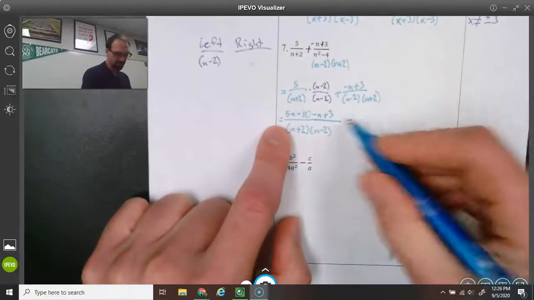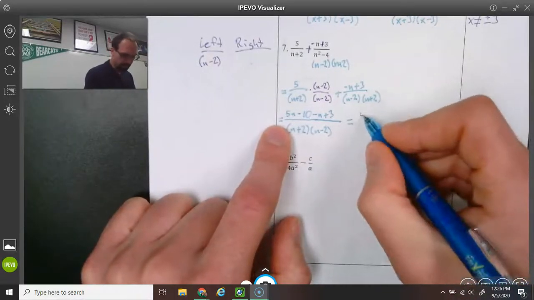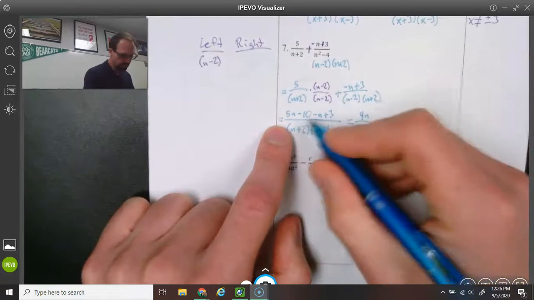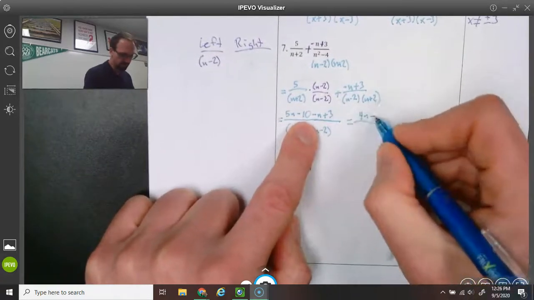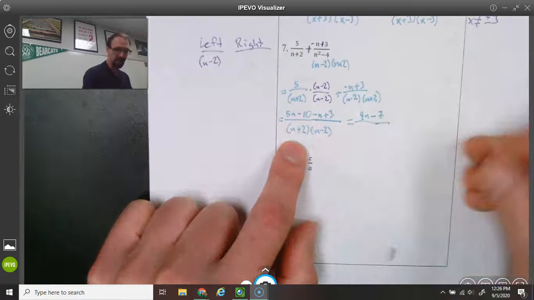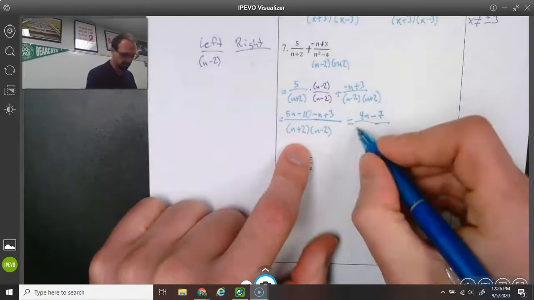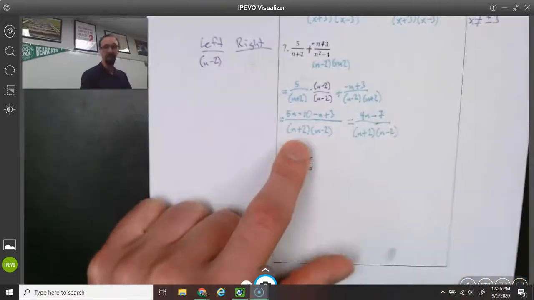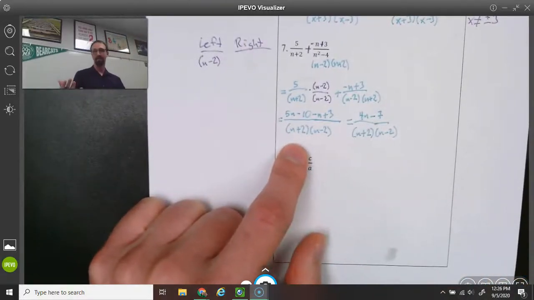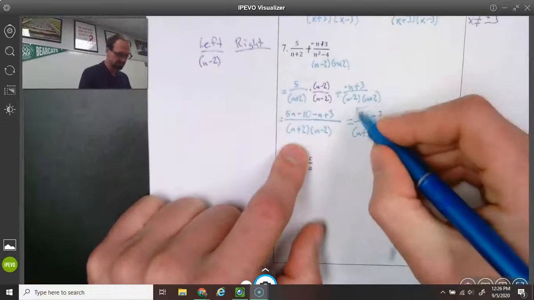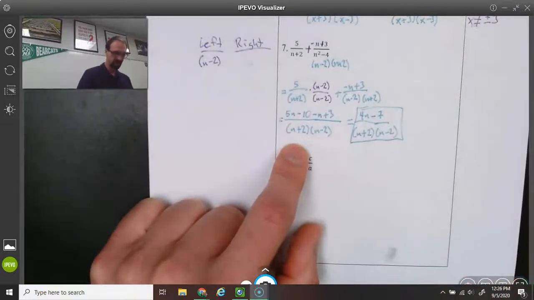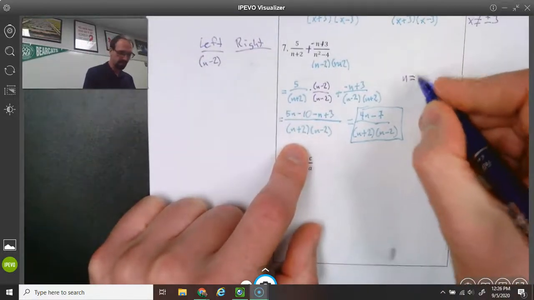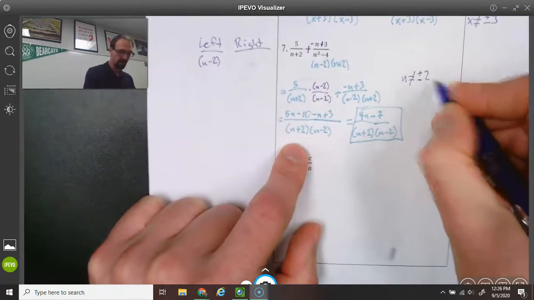Now I can simplify. 5n minus n is 4n. And then negative 10 plus 3 is negative 7, so 4n minus 7. And then over here on this other side, we just have n plus 2 and n minus 2. Seeing that 4n minus 7, there's no greatest common factor, anything I can factor out of that, we're done. And again, for these values, n could not be plus or minus 2.